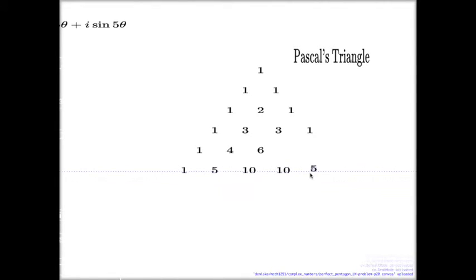This is the fifth level of my Pascal triangle, and that's the coefficients of the binomial expansion for the power 5. That's what the Pascal triangle is, and that's how you build it.